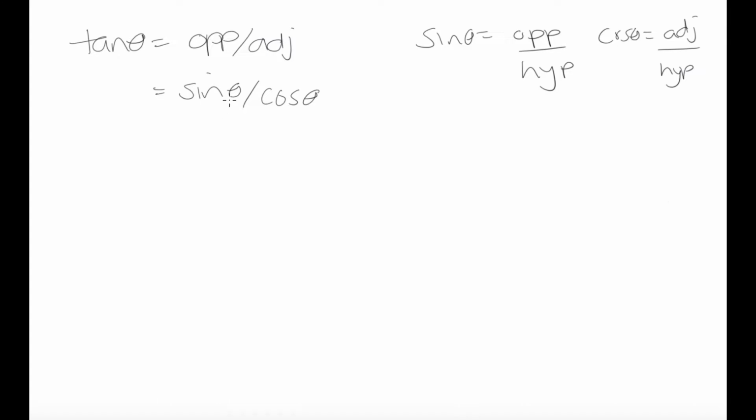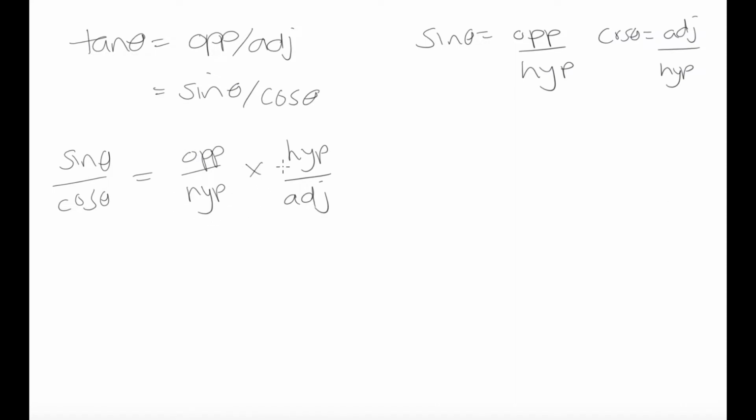So if we had sine theta divided by cosine theta, we know that when we are dividing by something, it's the same thing as multiplying by the reciprocal. So sine theta divided by cos theta is going to be opposite over hypotenuse times hypotenuse over adjacent.